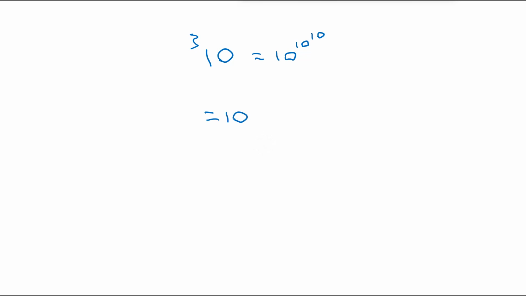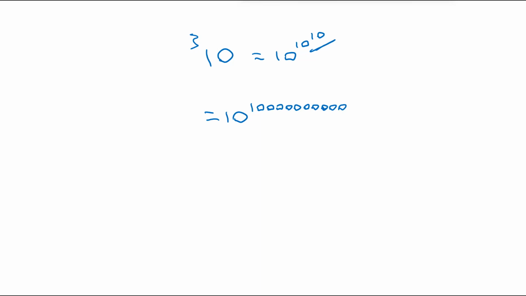Remember, working backwards from the top, this 10 to the power of 10 is going to be a 1 with 10 zeros, which makes it, of course, 10 billion. So we have 1, 2, 3, 4, 5, 6, 7, 8, 9, 10. A 1 with 10 zeros. So that's the first step.